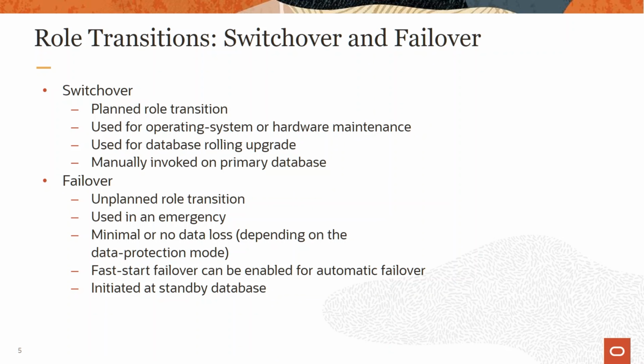Switchover always guarantees synchronized databases, and switchover is possible only when the primary and standby databases are synchronized at the moment when we perform the switchover operation. So we typically use a switchover operation for planned role transition.